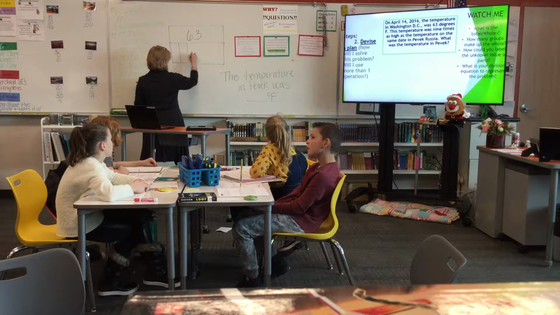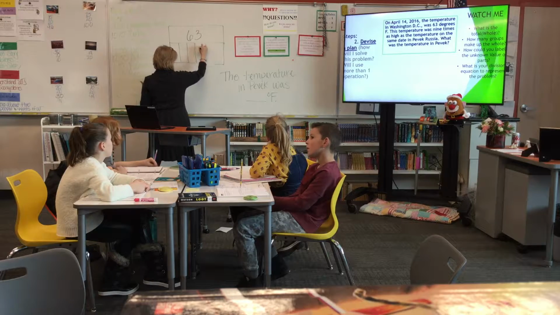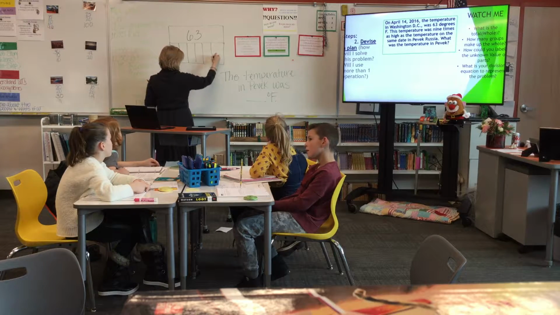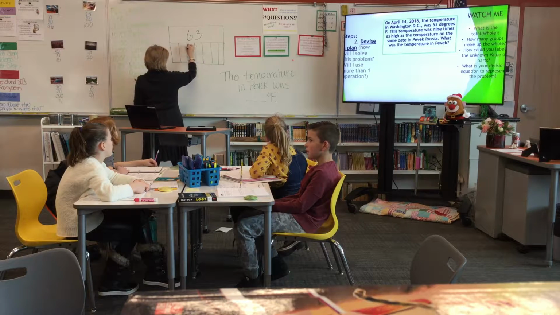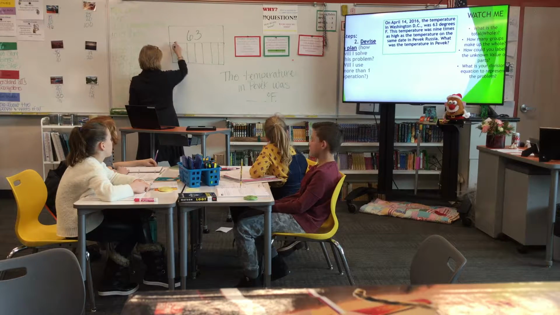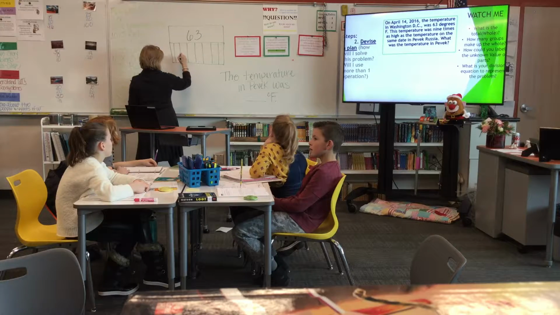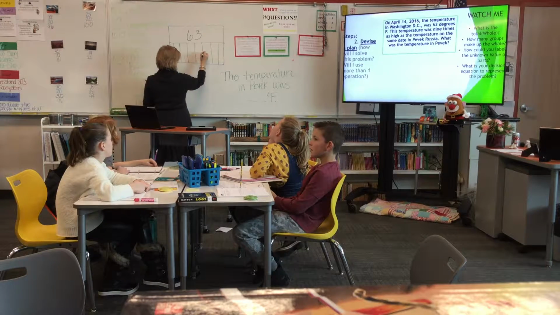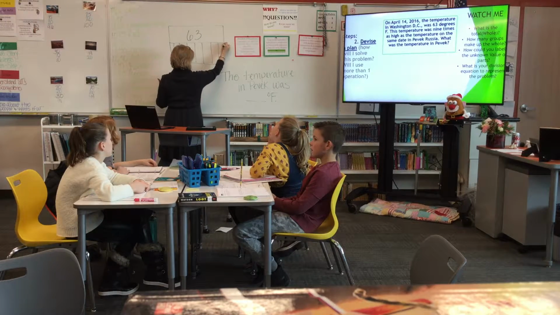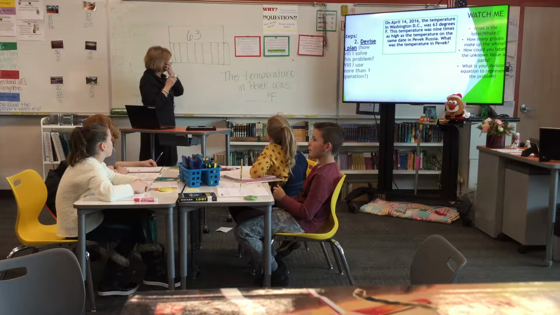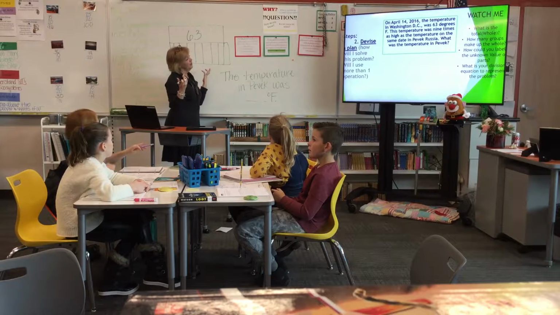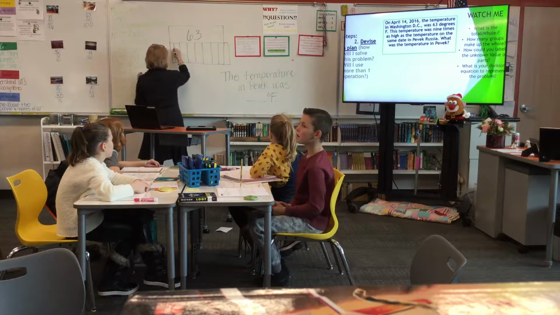1, 2, 3, 4, 5, 6, 7, 8, 9. It's not a very good bar model, but it's okay, right? It works. And I'm going to use T for temperature.